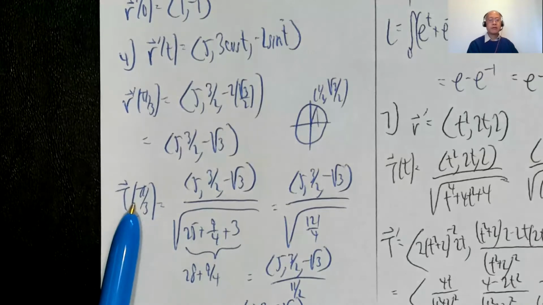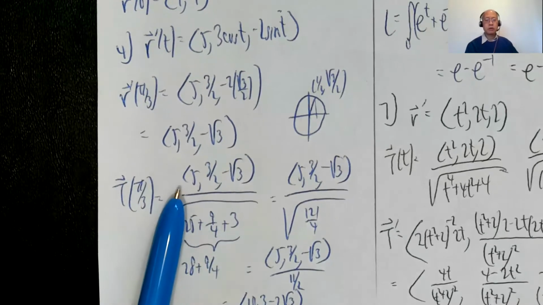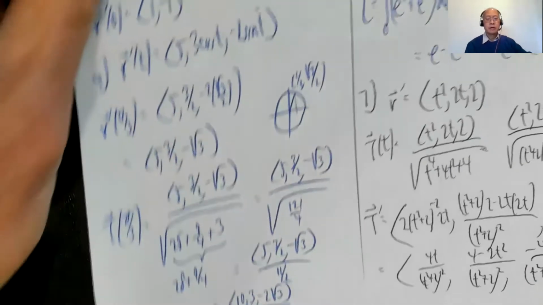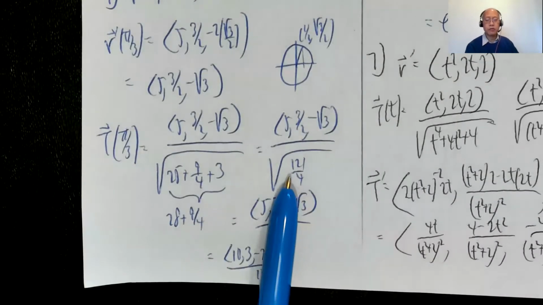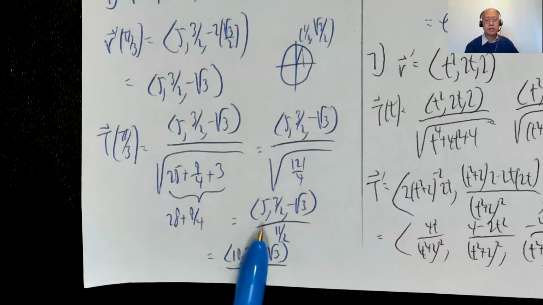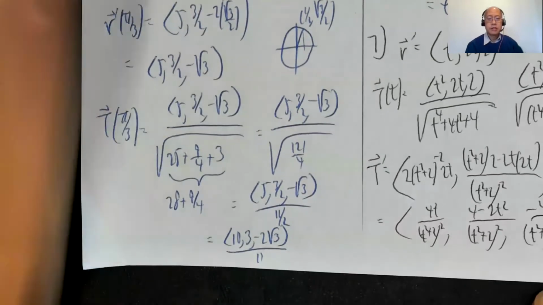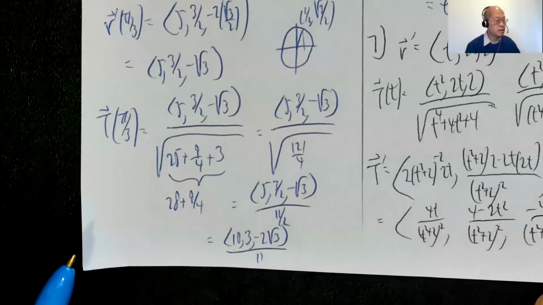So T of pi over 3 is 5, 3 halves, negative radical 3 over the square root of 5 squared plus 3 halves squared plus negative radical 3 squared. 3 halves squared is 9/4, and negative radical 3 squared is 3. These come out to be 25 plus 9/4 plus 3, which is 121 over 4, whose square root is exactly 11 over 2. Put the 2 in the numerator. So 10, 3, negative 2 radical 3 all over 11 is your unit tangent vector.